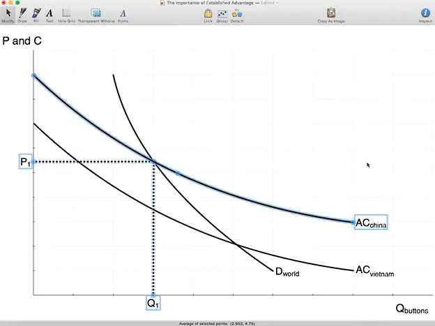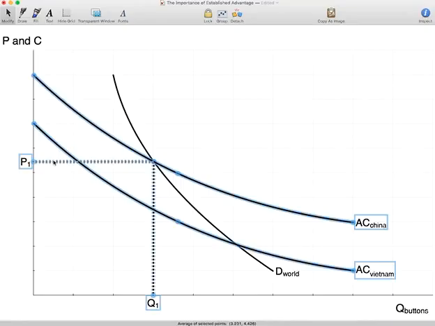We get an equilibrium price and cost, that was P1, and we have a quantity equal to Q1. The issue here is that the average cost of production for Vietnam at the beginning stages of production is greater than the price and the average cost of China. So at those initial levels, they cannot compete against China in the production of buttons.